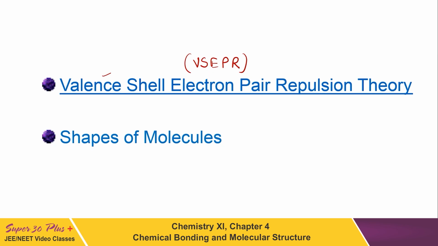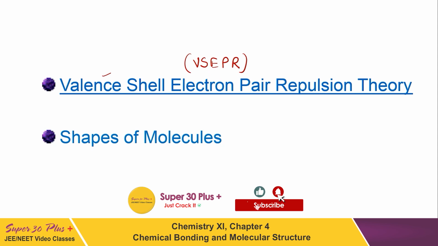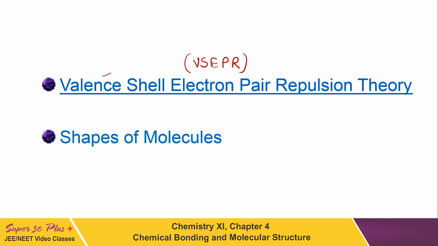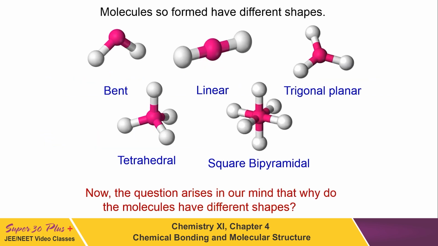Whenever you discuss shape in chemical bonding, the name that will come in front of you is VSEPR, because VSEPR theory is the only one by which we decide the shape of molecules. The examiner used to ask questions about the shape of molecules. He keeps on asking questions about the shape of molecules.